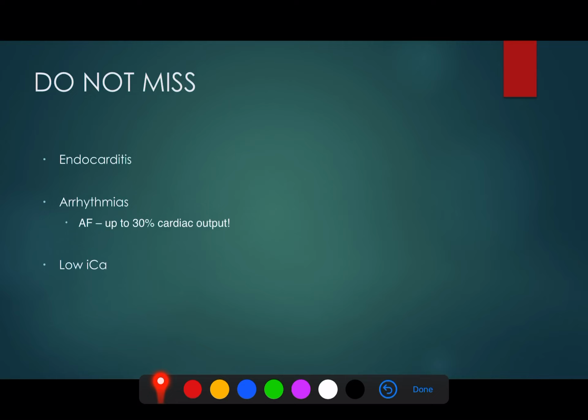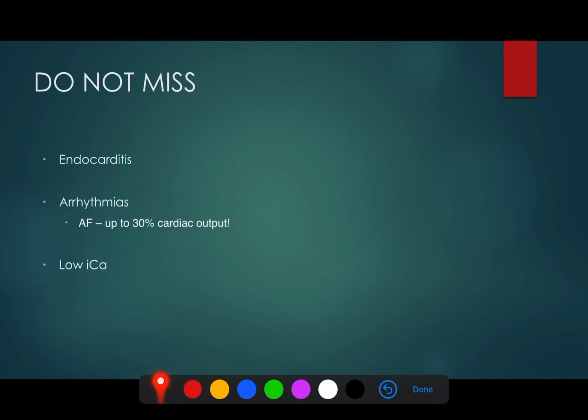And for you or I, that might not be a problem, but for a patient who's got an ejection fraction of only 10 or 20%, that can be the difference between maintaining an adequate cardiac output and not. And so these patients don't tolerate arrhythmias very well, and managing and preventing those is really important.